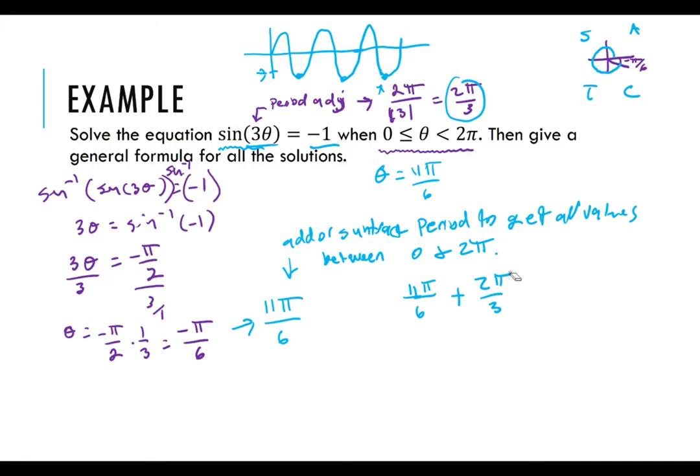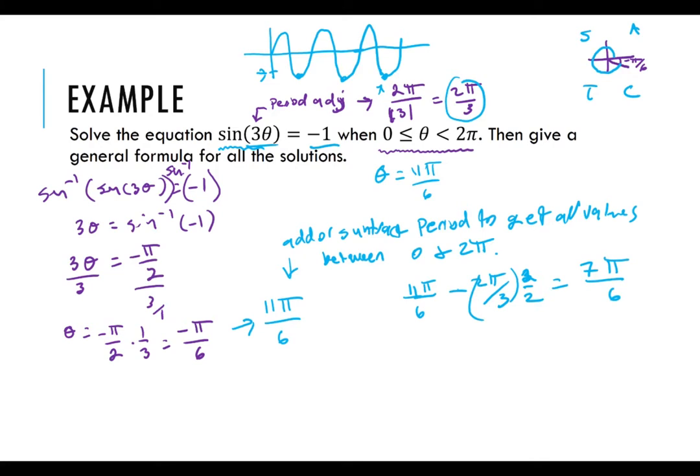So now I want to subtract 2 pi thirds, and iterations of 2 pi thirds, until I get all of my solutions. If I subtract 2 pi thirds, I need a common denominator. So multiply by my 1 in disguise, that's 2 over 2 here. 2 times 3 is 6. 11 pi minus 4 pi sixth is 7 pi sixth.